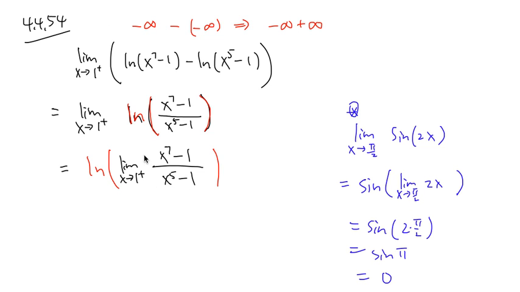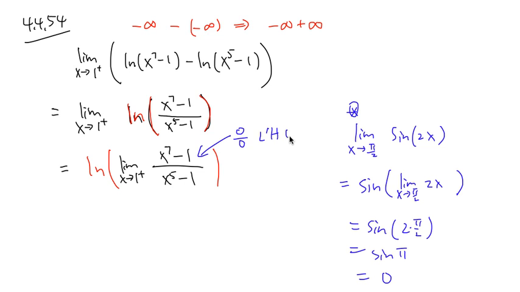And now, by looking at the inside, the limit when x is approaching 1 plus, plugging 1 into all the x right here, you will get 1 to the 7, which is 1, minus 1 is 0, over 1 to the 5, which is 1, 1 minus 1 is 0. So this part inside is a 0 over 0 situation.